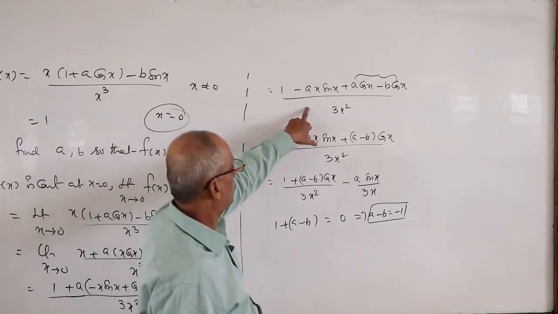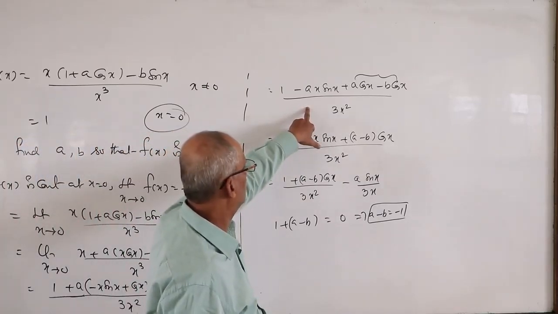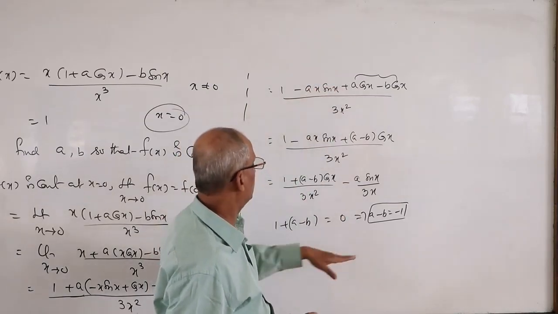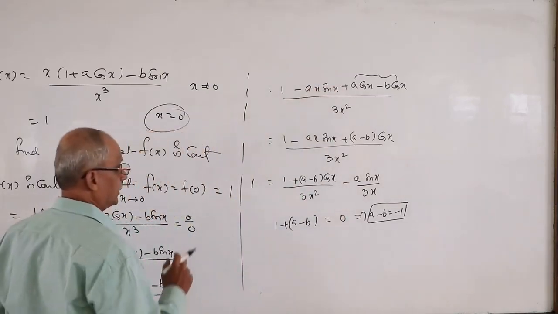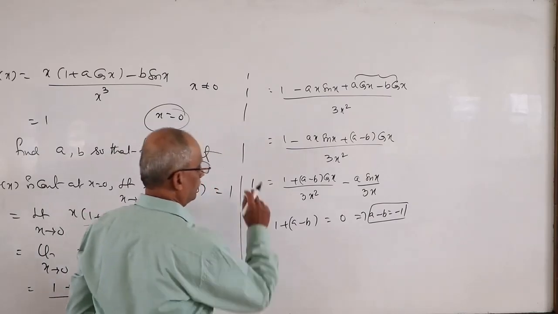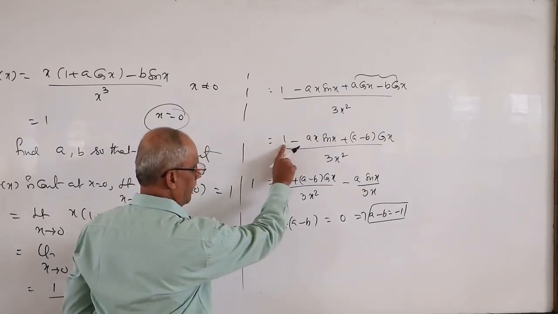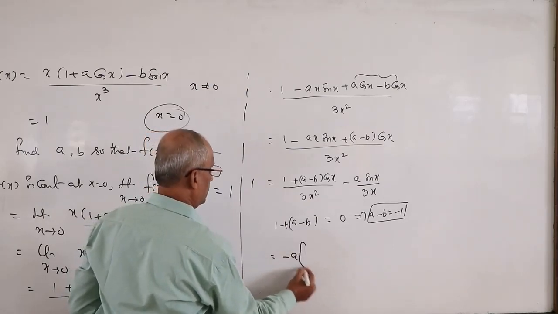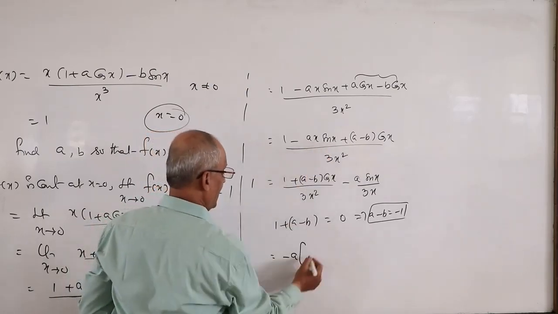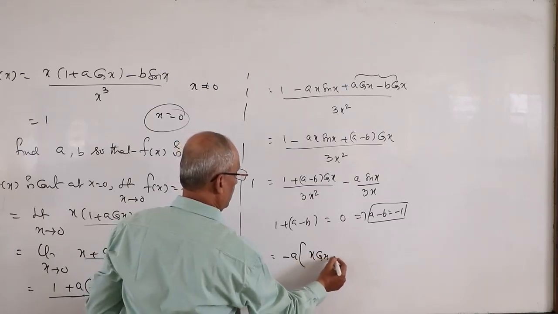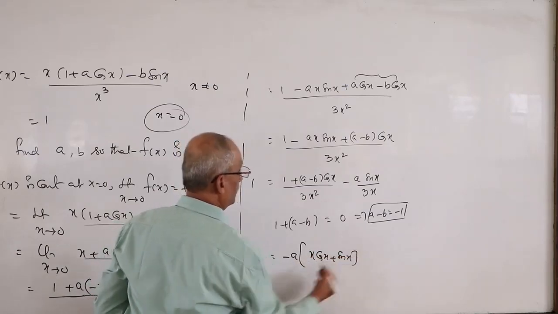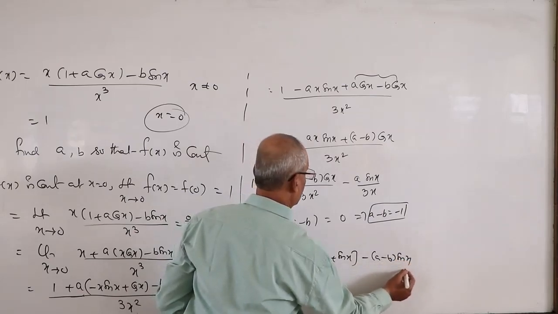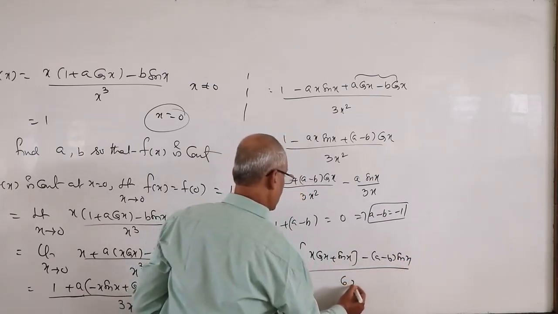Here again if you put x 0, 0 by 0 form, still we can continue. Suppose if you continue again differentiation. Now you see 0 minus a into x cos x plus sin x minus a minus b sin x whole by 6x.